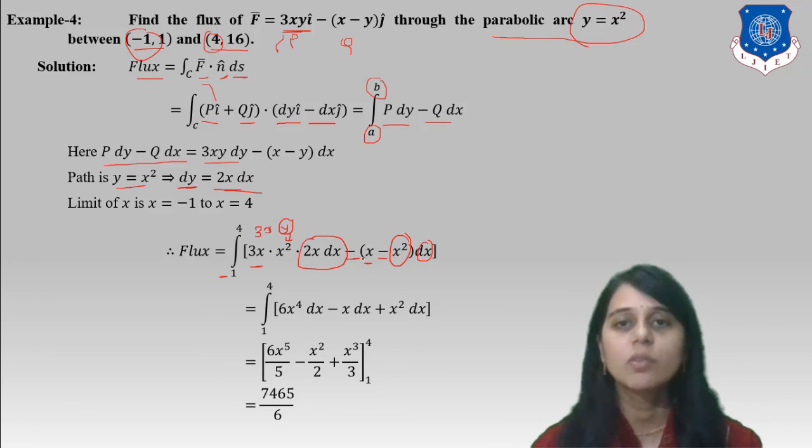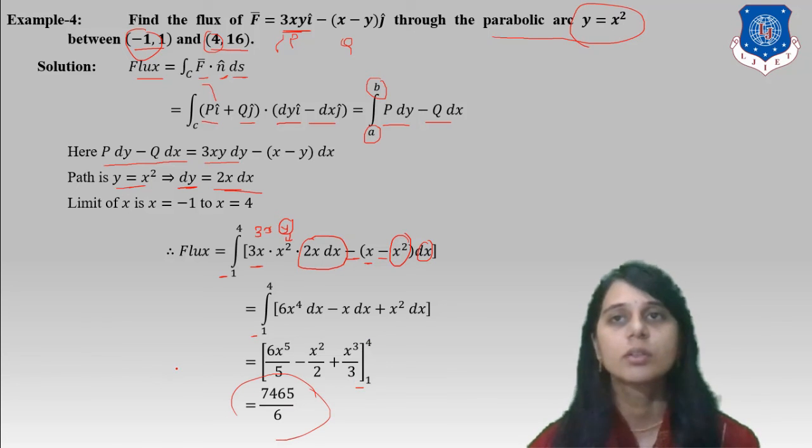Whole equation is converted to x formation. Solve this x formation and integrate this. We get 6x raised to 5 upon 5 minus x square by 2 plus x cube by 3, from minus 1 to 4. Put upper limit minus lower limit. We get the answer as 7465 upon 6.